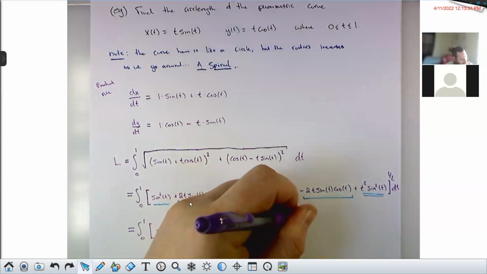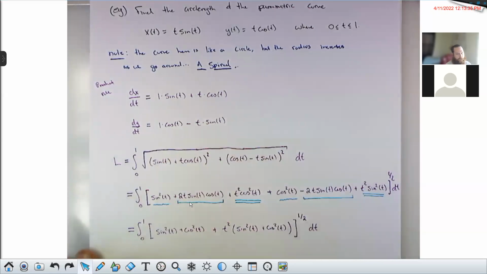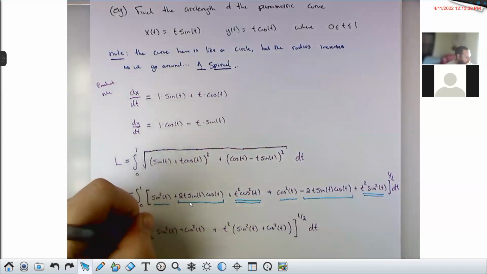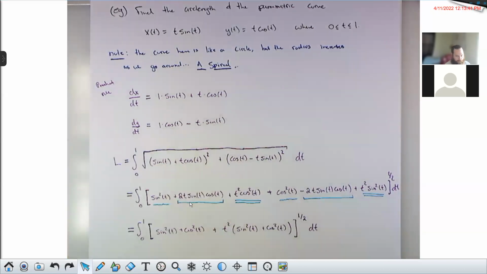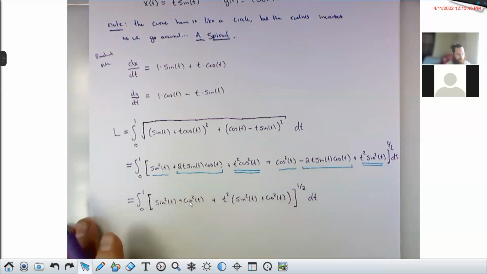All still under a radical, or if you prefer like I am, writing it to the 1/2 power. And just like the square roots don't distribute, the 1/2 power doesn't distribute. We can't do that. Gotta handle it like this.